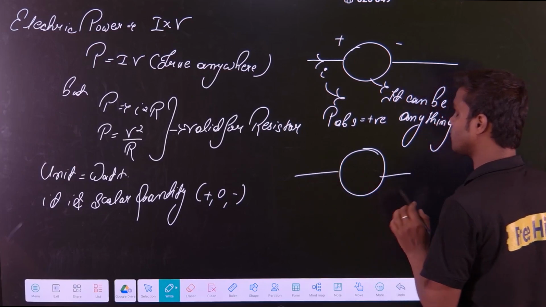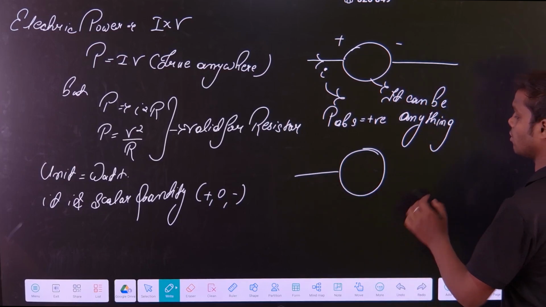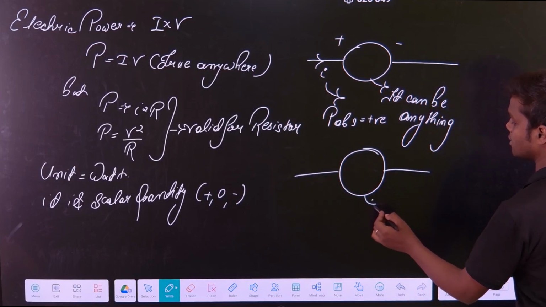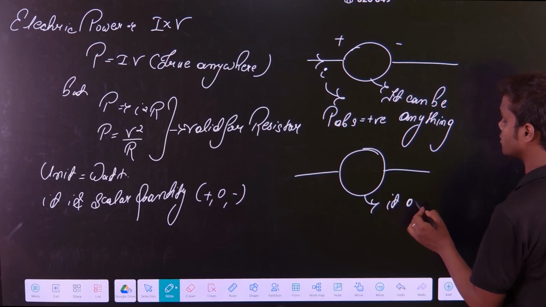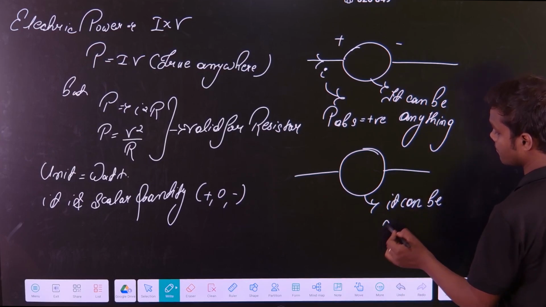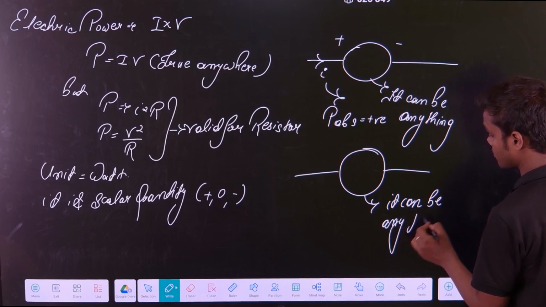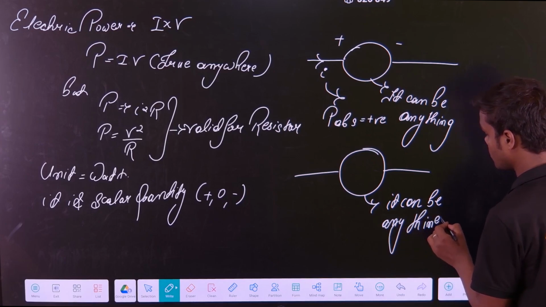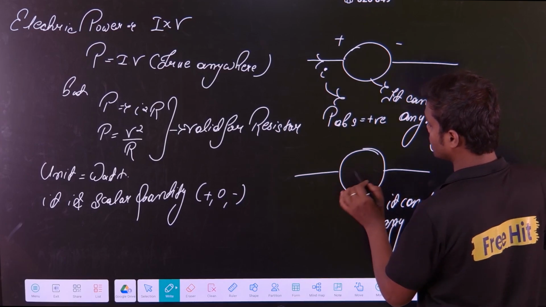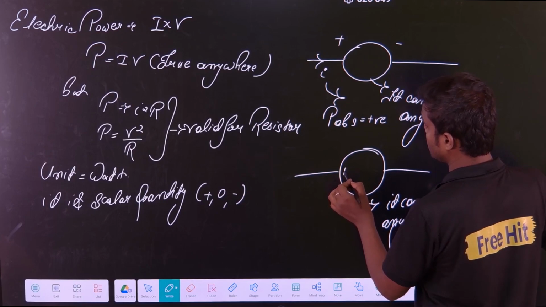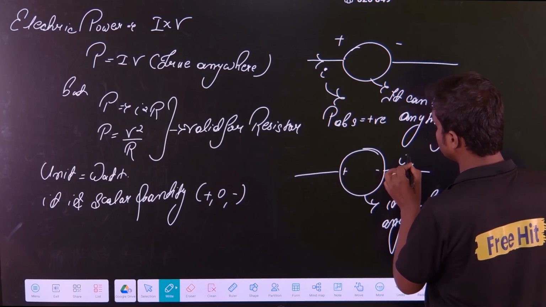Just take the opposite of this. This is the only confusion the students have. I am clearing all the confusion. Remember this, just listen to all my points. Suppose this is plus, this is minus, and the current is entering in this case.